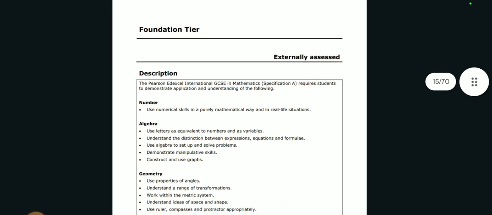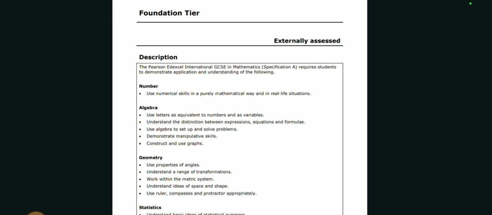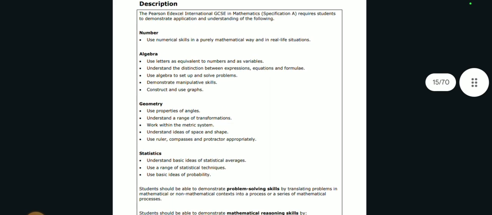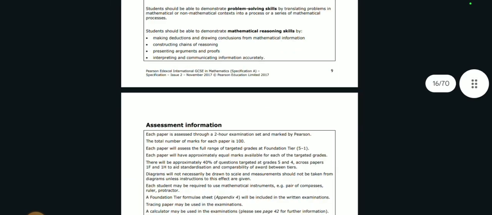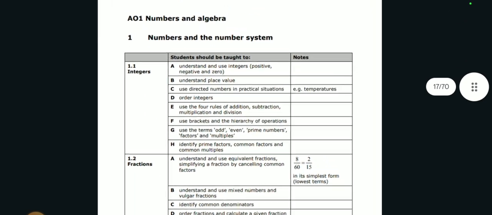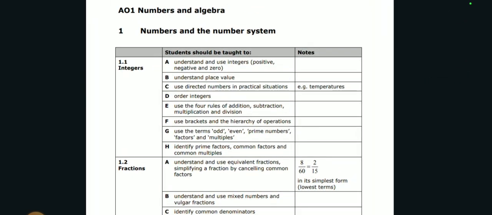This is the whole list of topics and SLOs for the foundation tier: in numbers, algebra, geometry, and statistics, and then the subtopics in each topic.